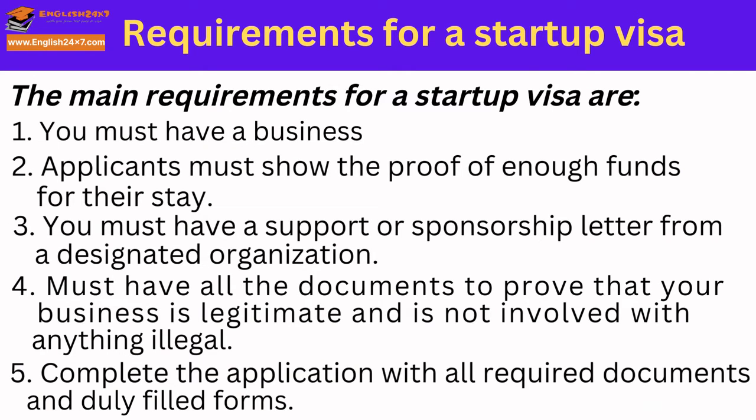Number 3. You must have a support or sponsorship letter from a designated organization. Number 4. You must have all the documents to prove that your business is legitimate and is not involved with anything illegal. Number 5. Complete the application with all required documents and duly filled forms.